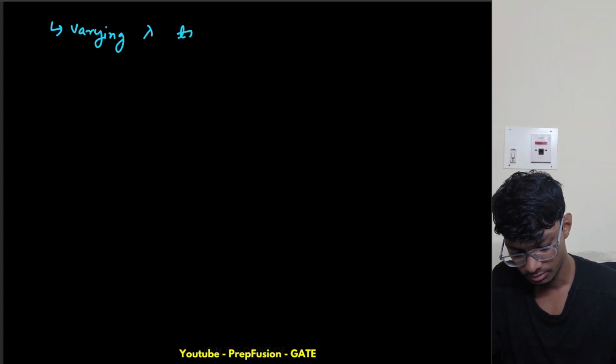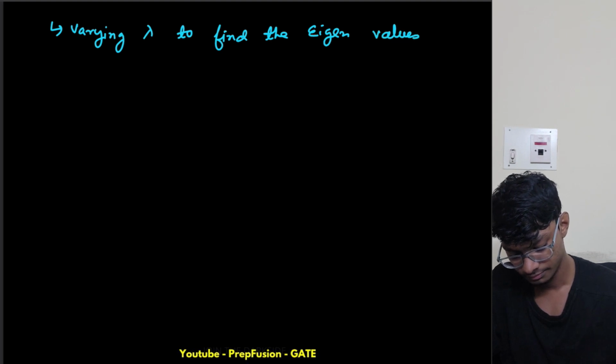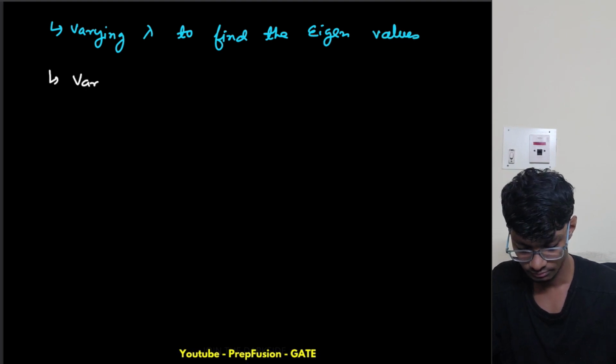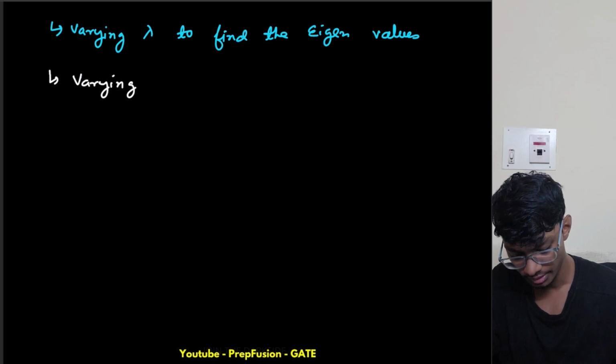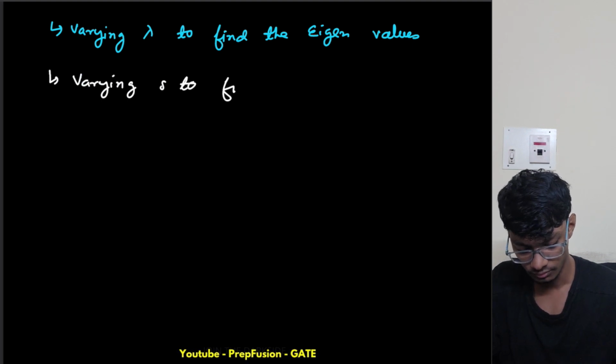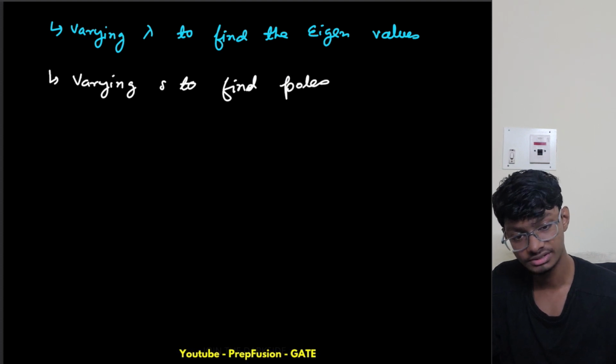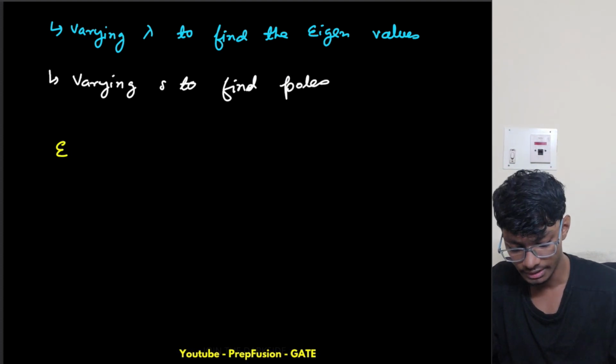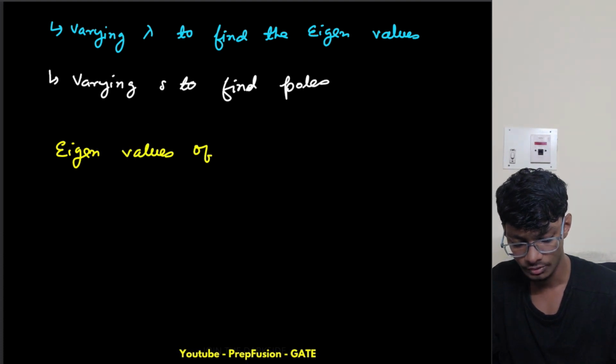So what does this mean? This means the eigenvalues of A equal the poles of the system.